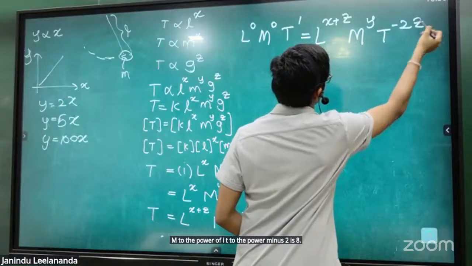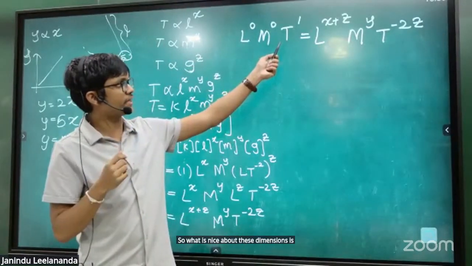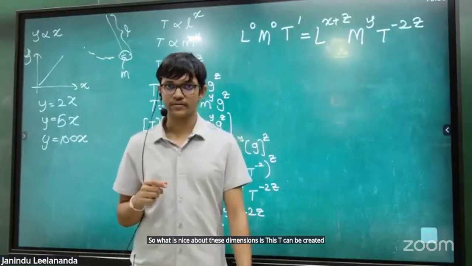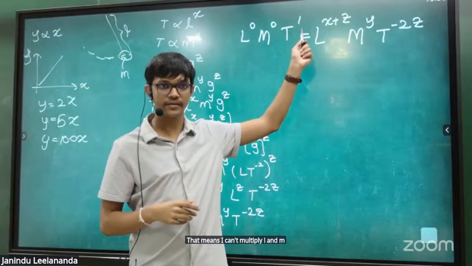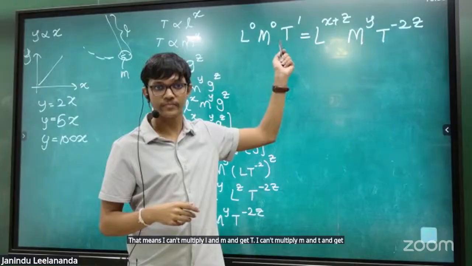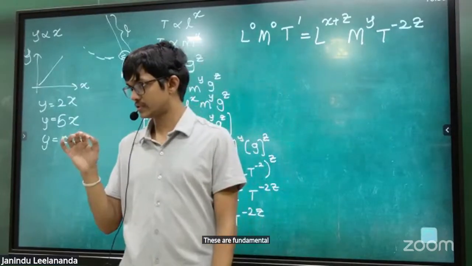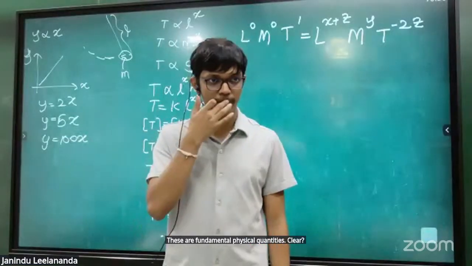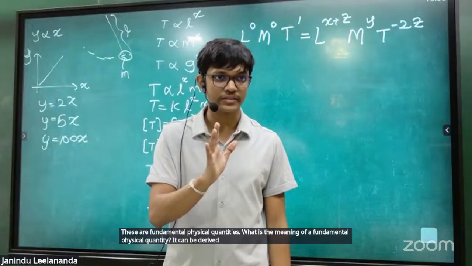So what is nice about these dimensions is that this T can be created only by this T. That means I can't multiply L and M and get T. I can't multiply M and T and get L. No, right? Why? These are fundamental physical quantities. Clear? What is the meaning of a fundamental physical quantity? It cannot be derived from other physical quantities.